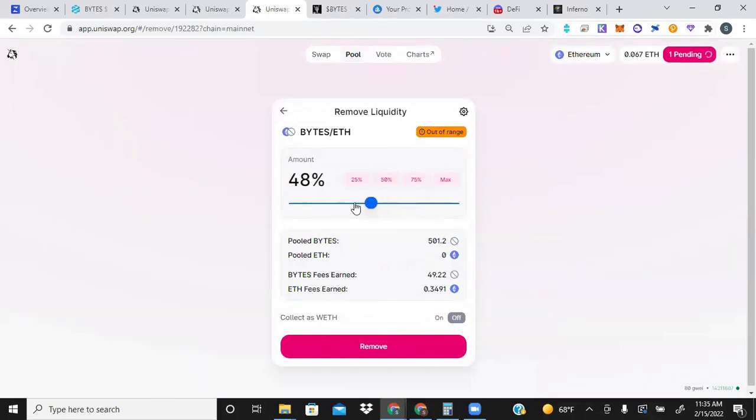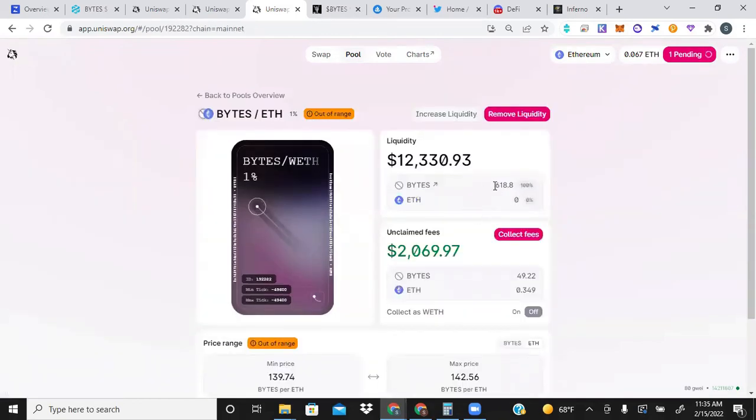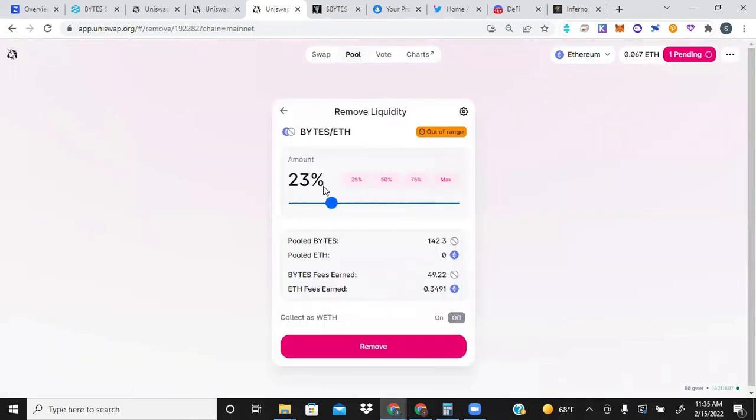No, I don't want to remove that. Let's just keep 500 in there. So I'll just remove 118 of these tokens. Let's just do that real quick. I guess 117 is the number they're giving me. So go ahead and remove those.